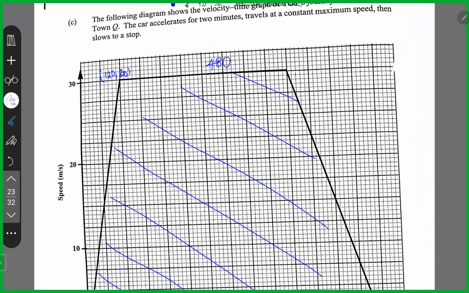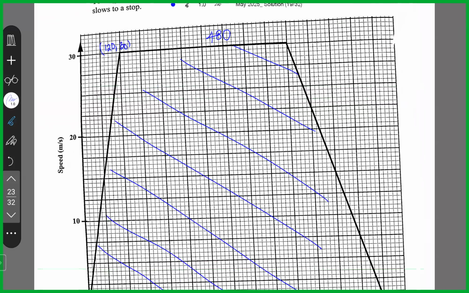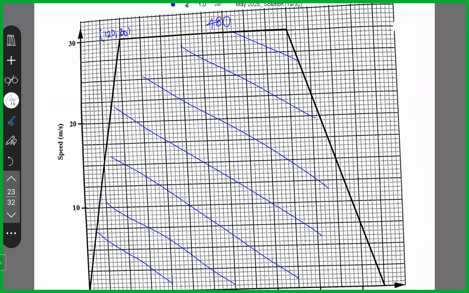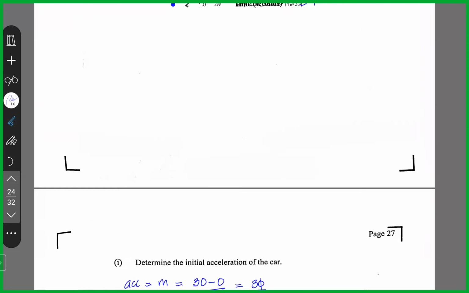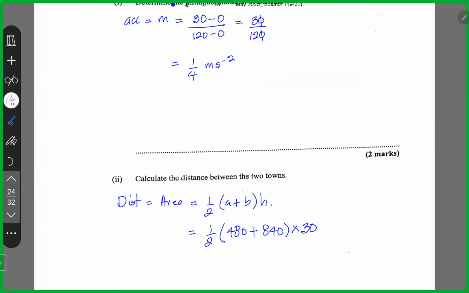So the distance traveled is equal to area, which is equal to a half, a plus b, times h. It's a half. A is 480, b is 840, times the height, which is 30.